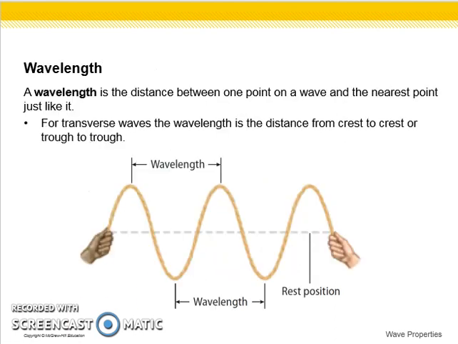Next heading. A wavelength is the distance between one point on a wave and the nearest point just like it. So let's take a look at this picture. For transverse waves, the wavelength is the distance from the crest to the next crest, or from the trough to the next trough.